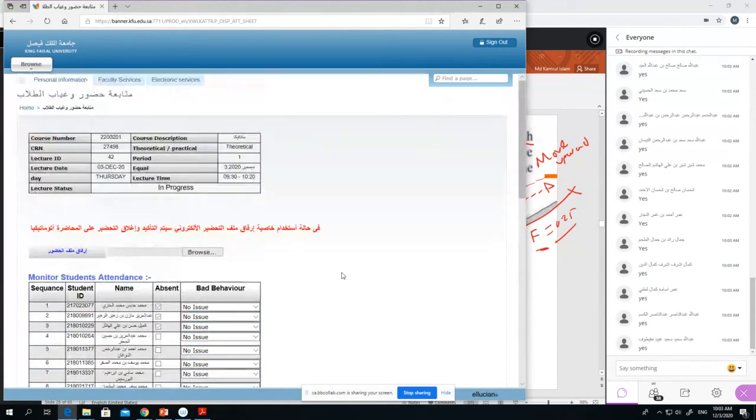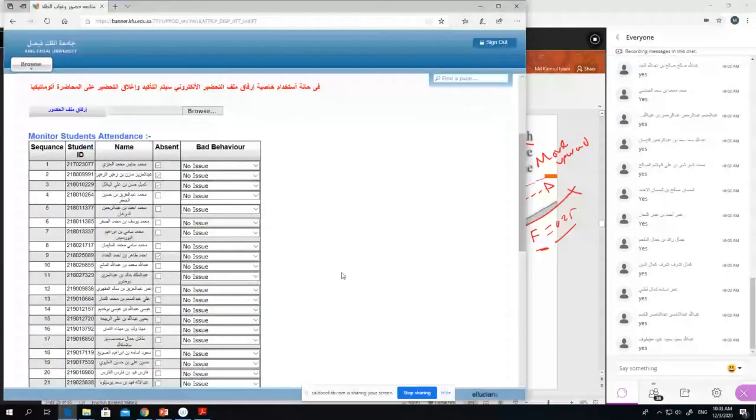Now I will double check, right? Muhammad Hafiz is absent. Abdul Aziz Mazen absent. Kumail Hassan absent. Ahmed Tahir absent.